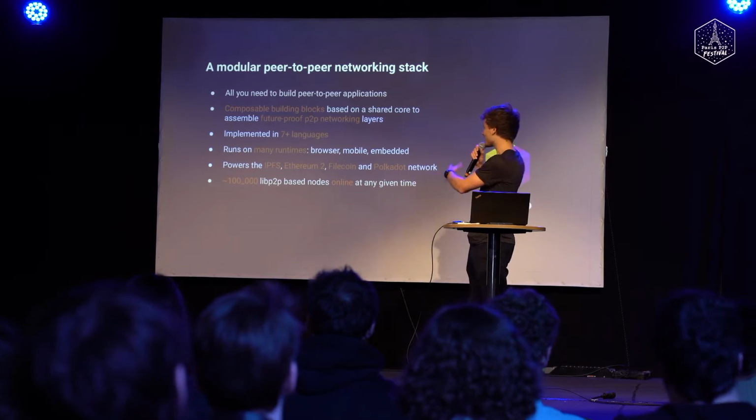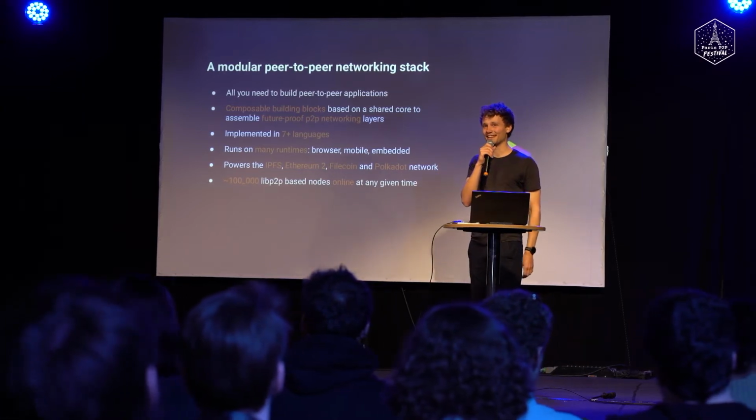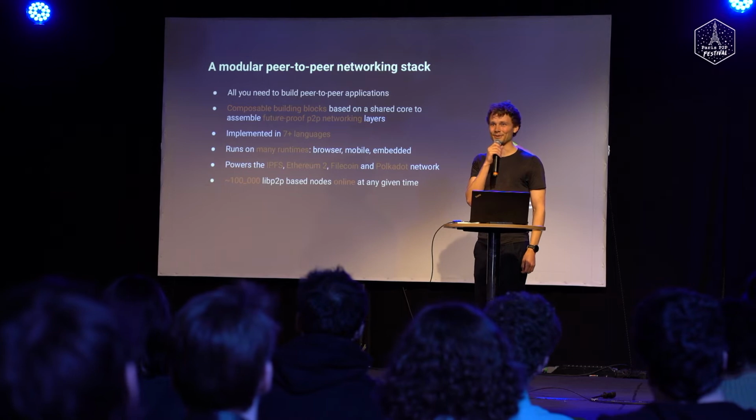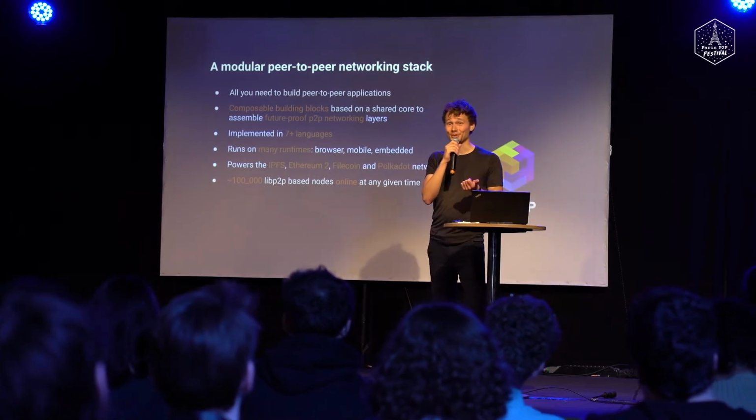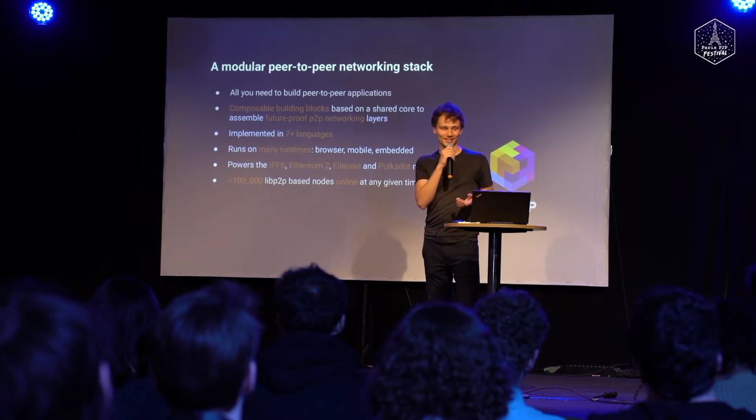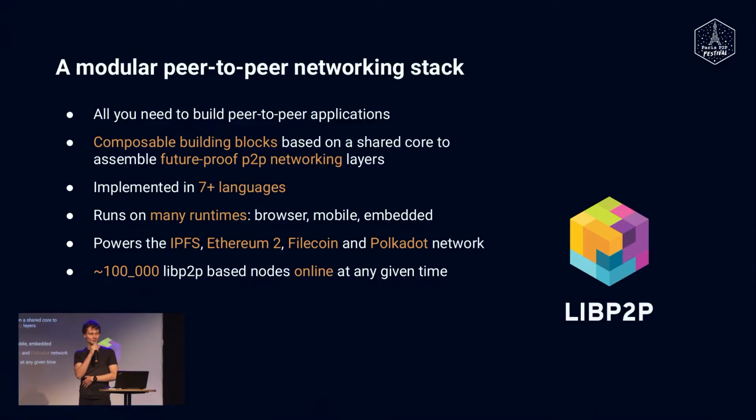I'm estimating something around 100,000, though that is really hard to measure. On the one hand, it's an open source project, so everyone can use it, and we're not aware of everyone using it. And also it's a peer-to-peer world, so it's really hard to measure who's using libp2p and how many nodes are actually active.